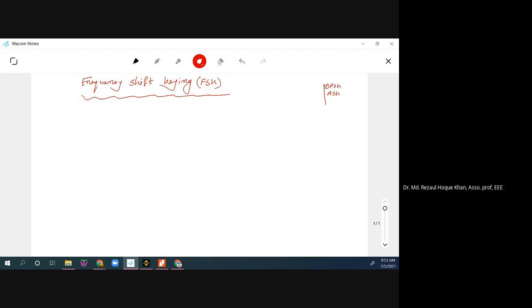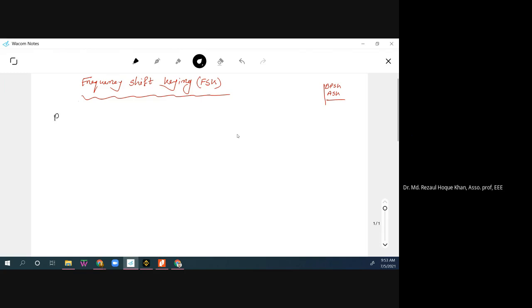Unlike previously, in both BPSK and ASK modulation we used only one pulse. This time we actually need two pulses. So our pulses would be P1 and P2, for example.